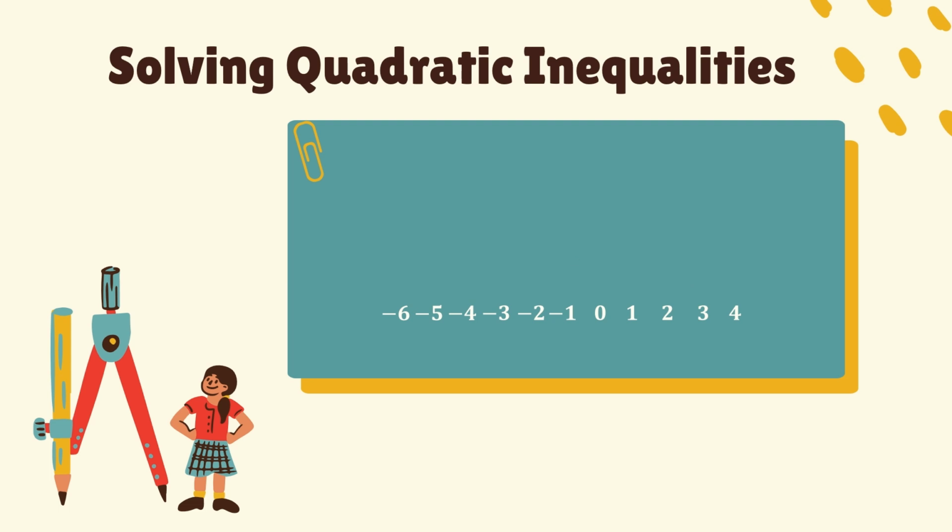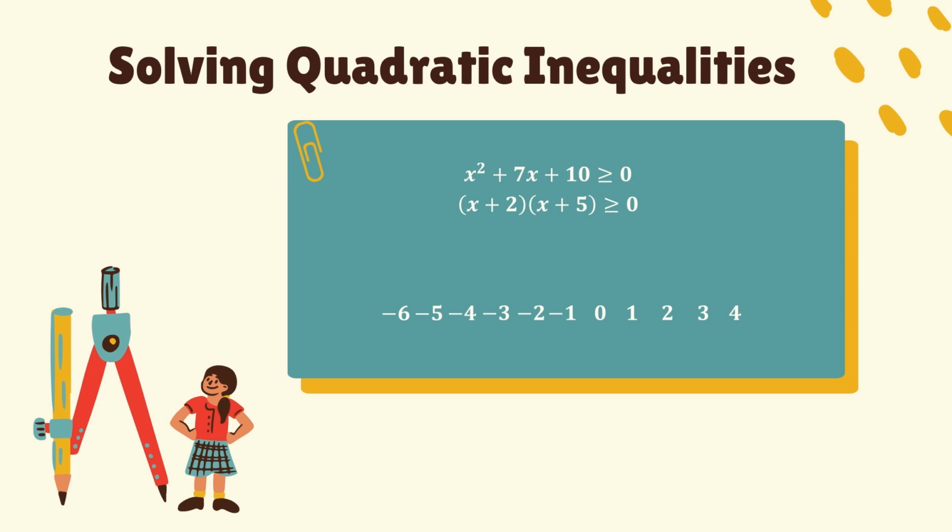The last topic for us to learn today is solving quadratic inequalities. Okay, so for example, we have this inequality: x squared plus 7x plus 10 greater than or equal to 0. So by using factorization, we have x plus 2 times x plus 5 greater than or equal to 0.